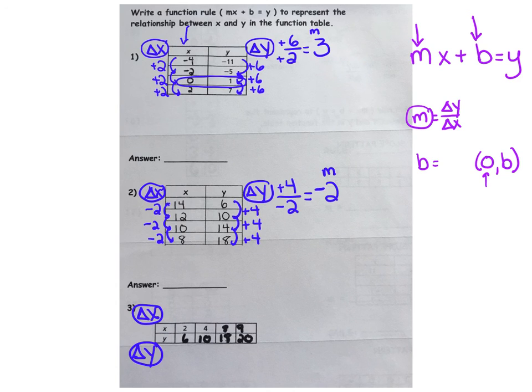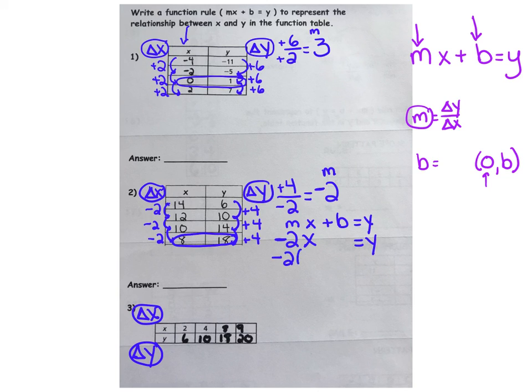Now, we're not given the y-intercept here, so the detective work begins. We know we're going to have an equation that looks like this: mx plus b equals y. We know the m is negative 2, so negative 2 times x plus blank equals y. Grab one of the ordered pairs from the table and try to make the connection. Let's just grab this one.